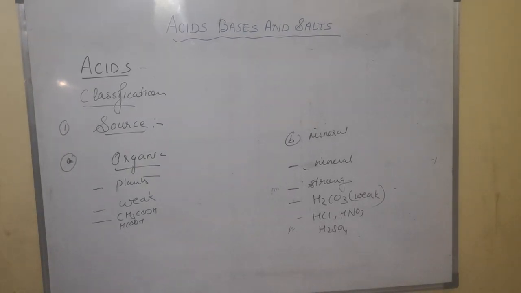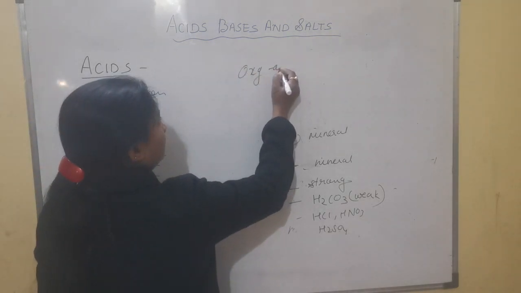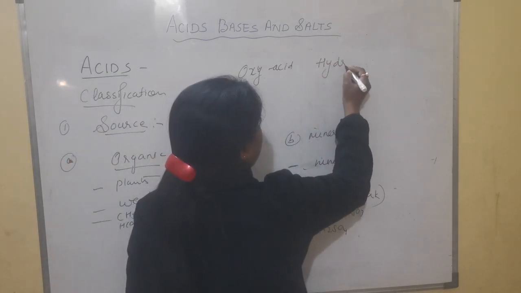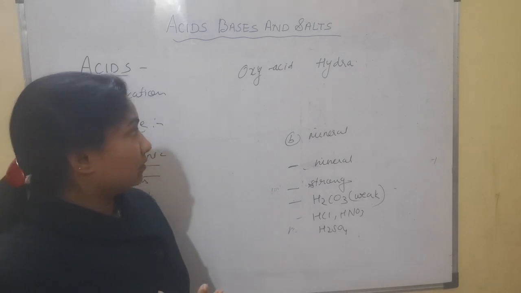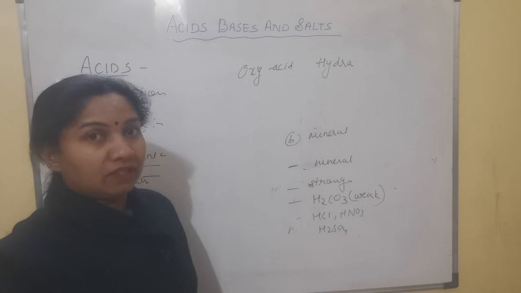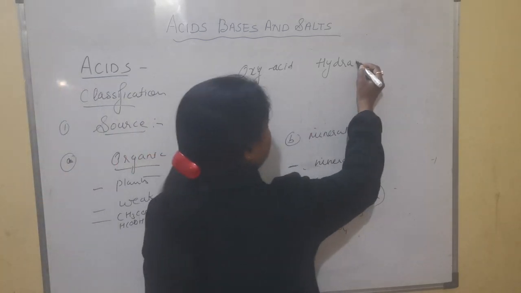One more term is there, that is oxy acid and hydra acid. You have to make yourself familiar with these terms that we frequently hear in chemistry, like oxy acids, hydra acids.